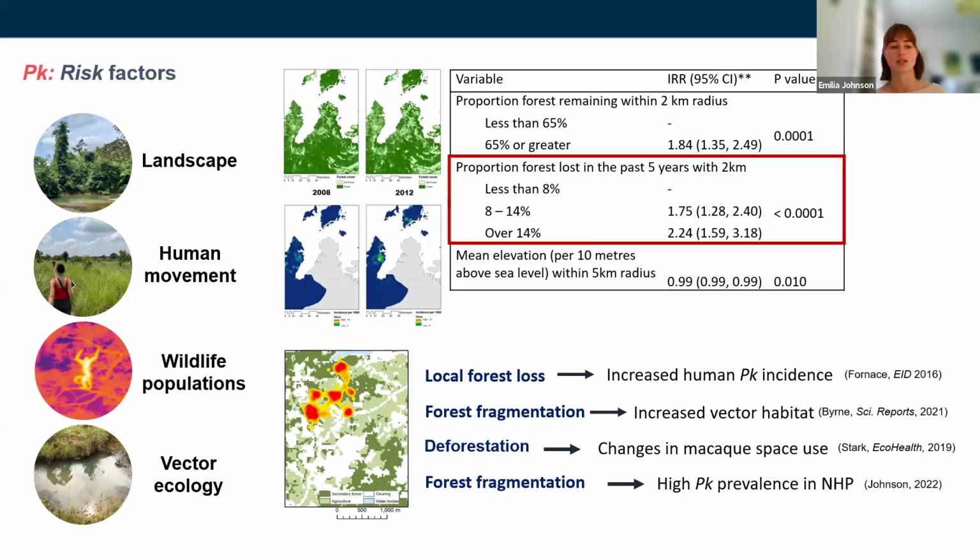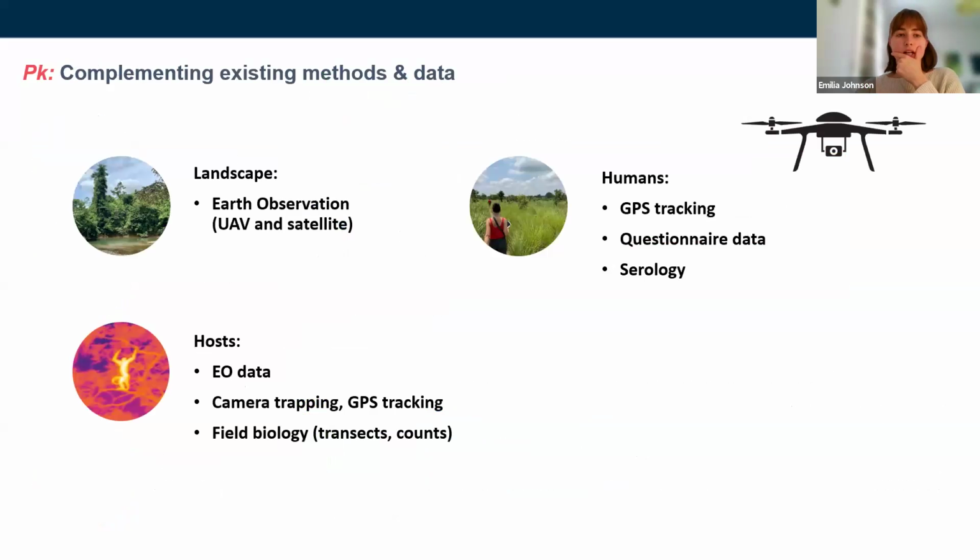Localized deforestation changes macaque movement and ranging behavior, and forest fragmentation has been shown to drive higher parasite loads in the macaque reservoirs, so in non-human primates. But what we don't yet understand are the spillover mechanisms: where and when humans, vectors, and macaque reservoirs are interacting within these fragmented landscapes.